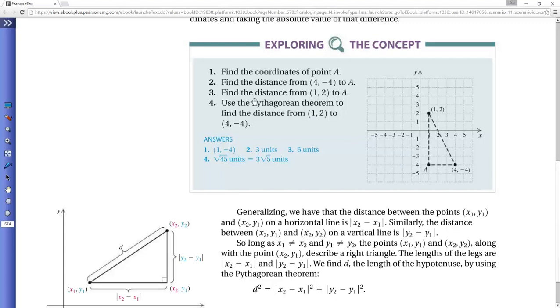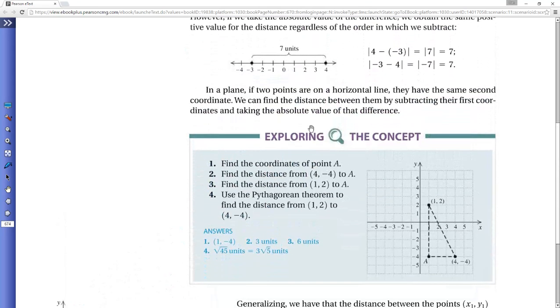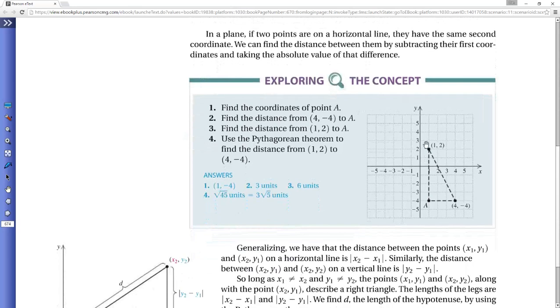Okay. To find the distance from point 1, 2, the ordered pair 1, 2, to A, so they're looking for this distance right here, we can use the Pythagorean theorem, because what I have here, I can make a right triangle that I know the distances of the legs from this point to this point, based on that two-dimensional thing here too. I have a straight line, and I can say, well, this is 2 in this deal, and down here is negative 4.